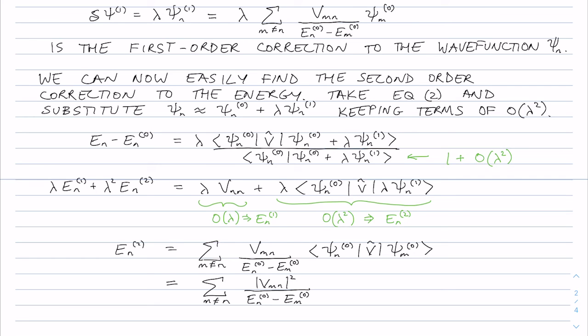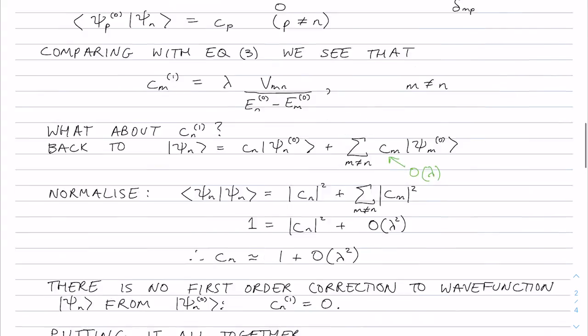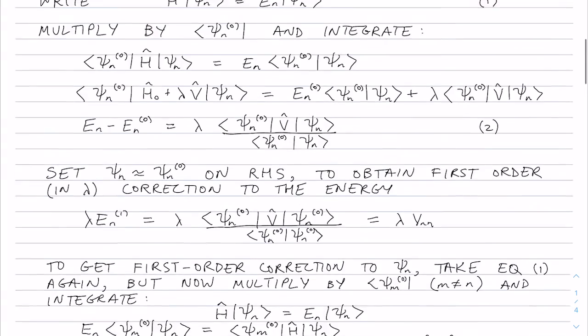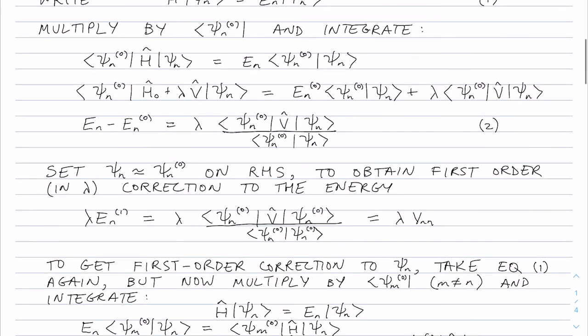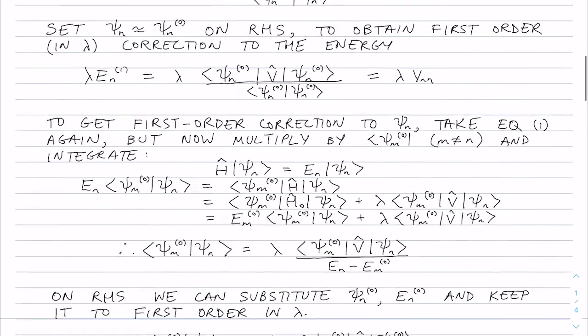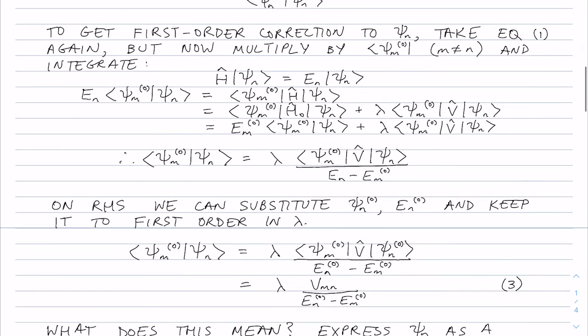And that's probably a good place to stop. You can just keep going with the order by order expansion. If you have a look at our exact equations here, equation 1, the standard one, equation 2, which is exact, and equation 3, which is also exact. Where is that?